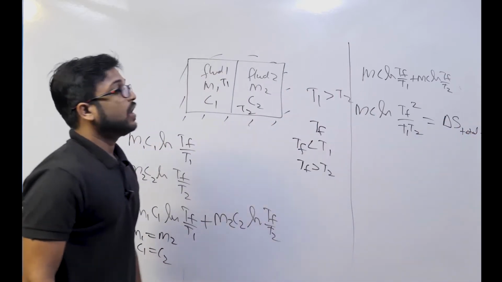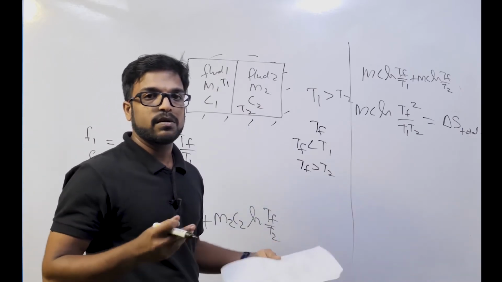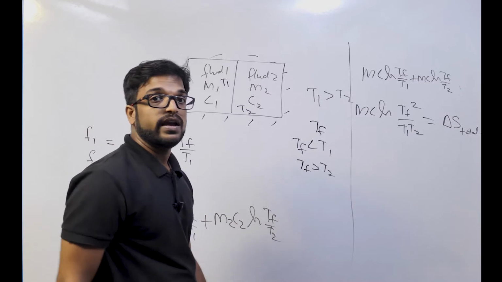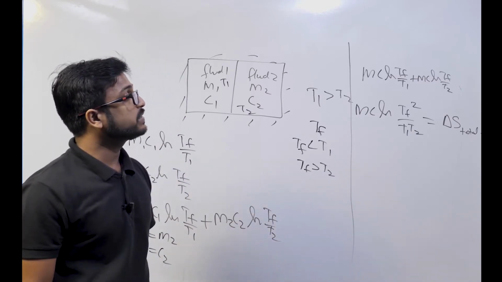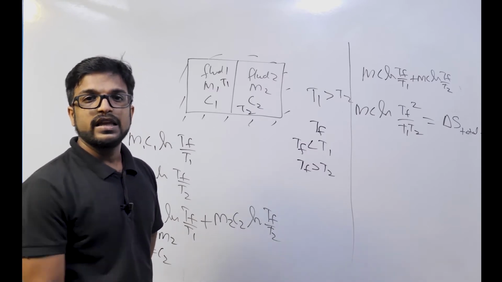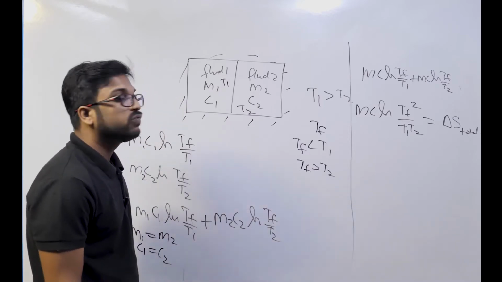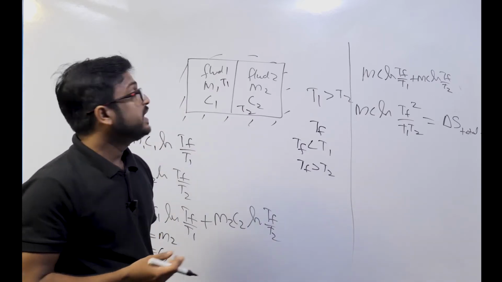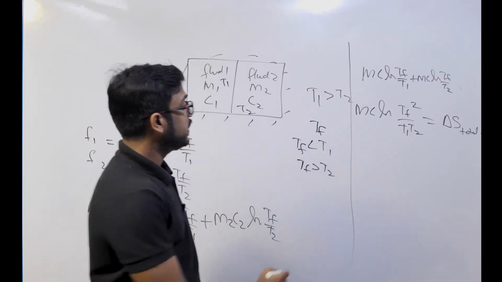Now I don't know what Tf is. I'm just taking an arbitrary value as Tf. So I need to find what Tf is. Only then will I be able to conclude whether mc ln of Tf squared by T1 T2 is a positive quantity, negative quantity, or equal to 0. So let's find that. For that purpose, we use the concept that heat lost by the first fluid is equal to heat gained by the second fluid.